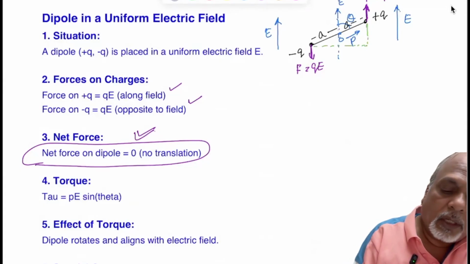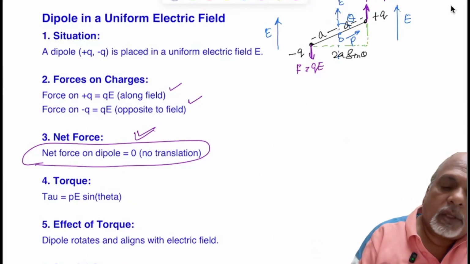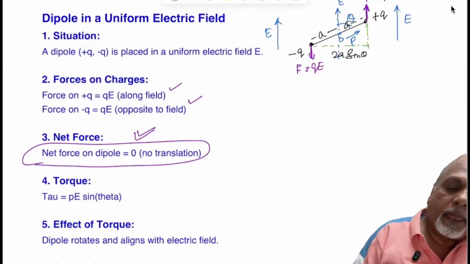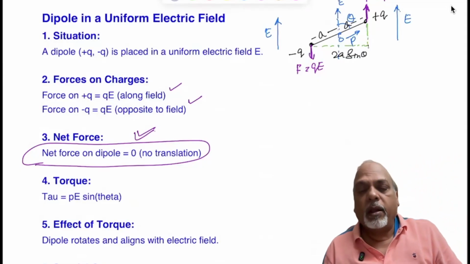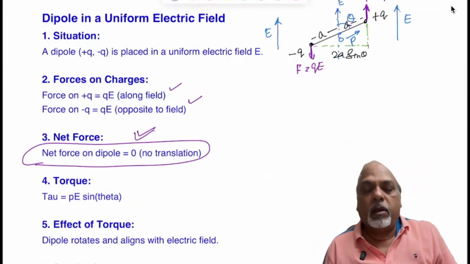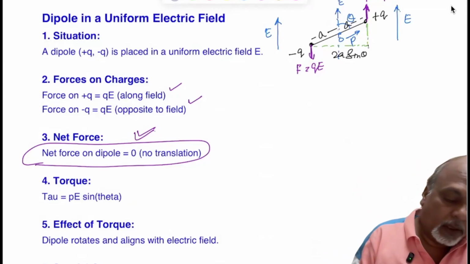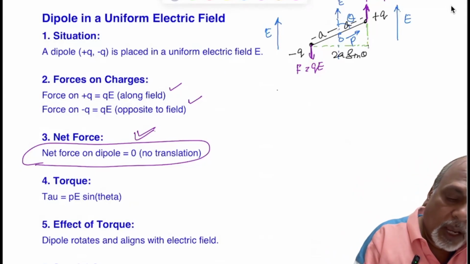Then what is this perpendicular distance? This is 2A sine theta.